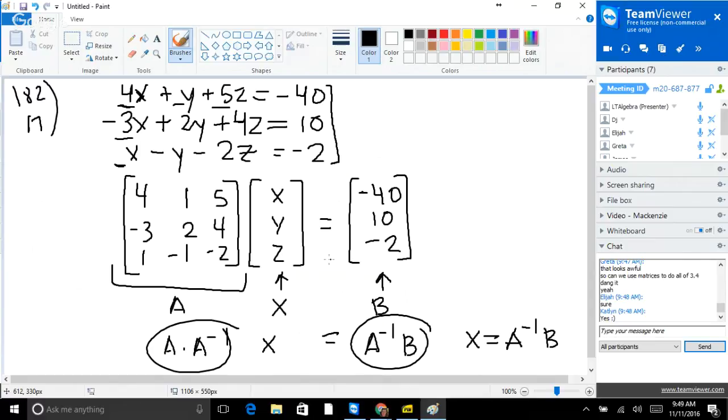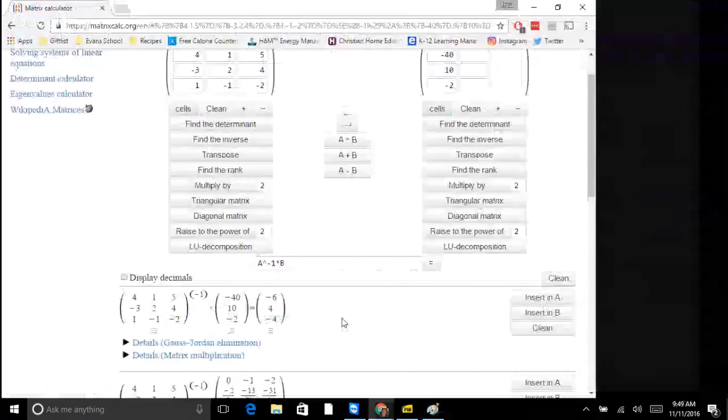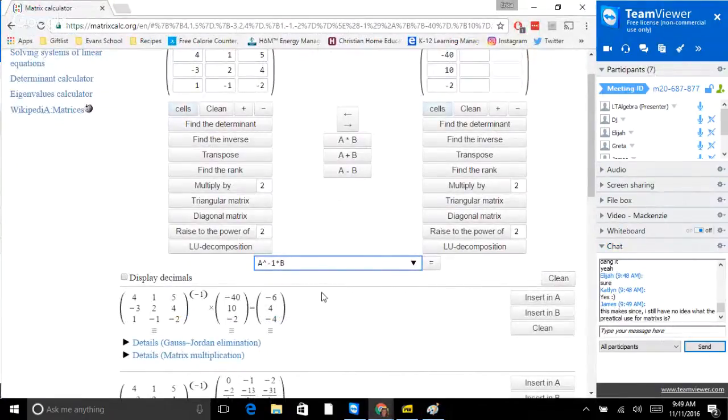Okay. So the last little part, I just want to show you one more time is there is a matrix calculator. This makes sense. I still have no idea what the practical use is. Well, there's actually a lot of uses. One is in a lot of data analysis. If you think of any type of data where you've got thousands of rows of data and you need to transform that data, what you're doing a lot of times is matrix calculations.